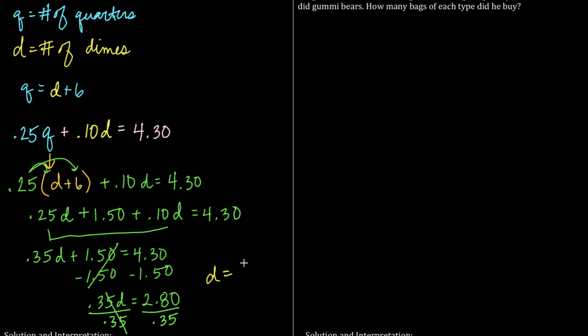I still use the calculator to check, but I just realized 35 cents can go into 70 cents, and 70 cents can go into 2.8. Now all I got to do is put this number into either one of these and find out what Q is.